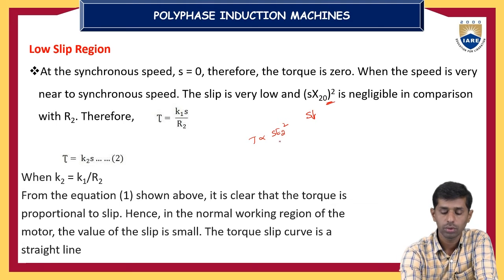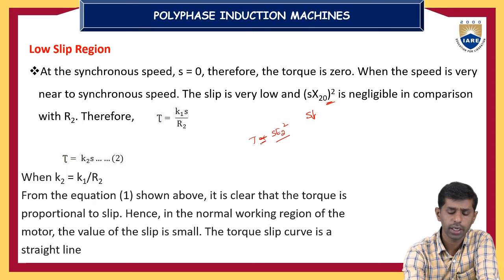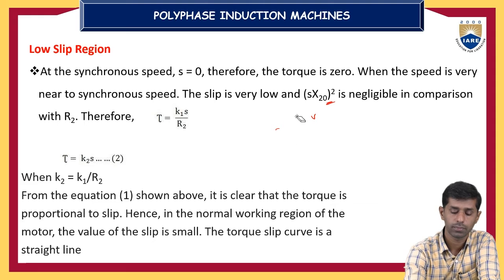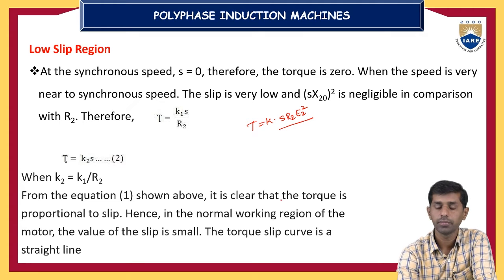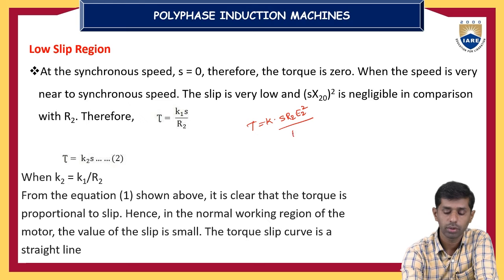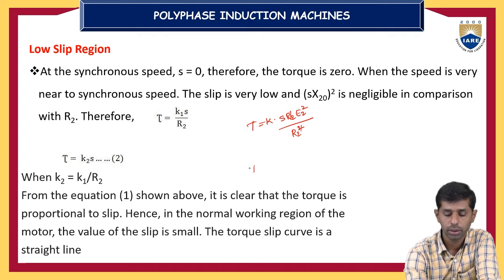So T is equal to K times S into R2 E2 square divided by, in the denominator, we will neglect the reactance term because slip is very less, so it will be the square root of R2 square; square and root are cancelled, and T equals some constant K into S into E2 square divided by R2.